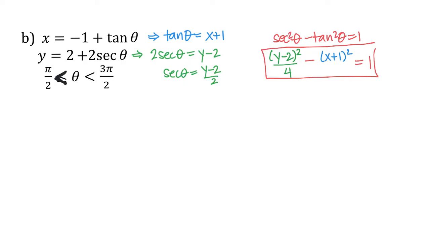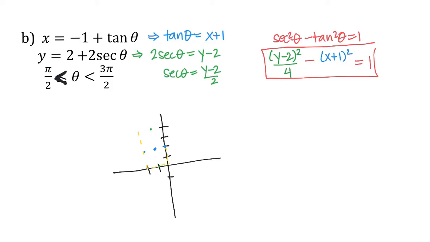So I'm going to set it up and I'm going to think about it because that domain restriction is a little tricky. So my center is -1, 2. My x radius is only 1. My y radius is 2.